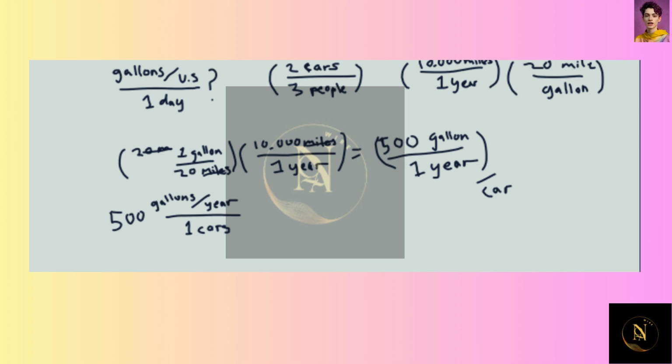In this case, we flip this because we want the quantity for cars to disappear, divided by 3 people. We can get rid of these units, and now that will give us 500 times 2 is 1,000.